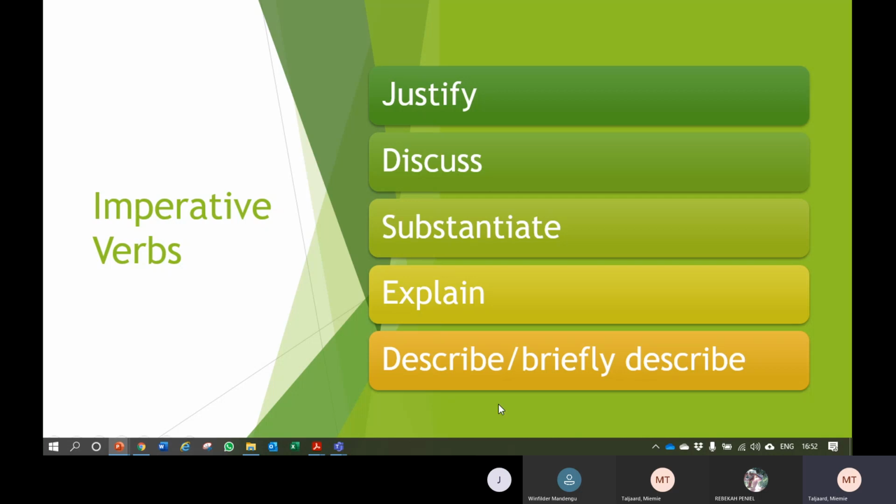If you can teach yourself to start looking at the imperative verbs, at the instruction verbs, and thinking, what is expected of me, you will see that you will immediately start focusing on the right answer. And somehow you will start reading the information differently as well.